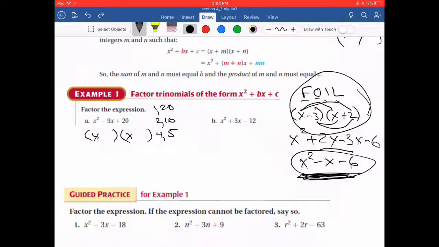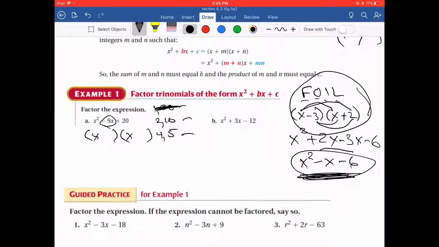The things I look at is I see that we're trying to get a negative 9x for the middle term. So I want to look at my list of pairs here to see which pair, when I add or subtract them, give me 9. So 1 and 20, I add and subtract that, I get 21 and 19. Yeah, that's not going to give me 9, so I cross that out.